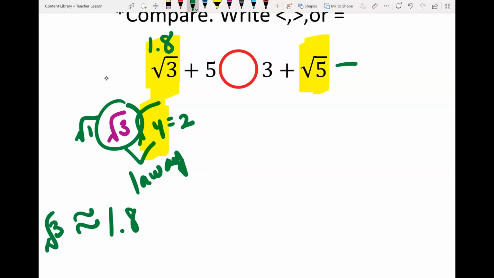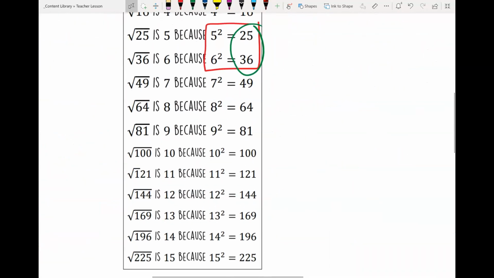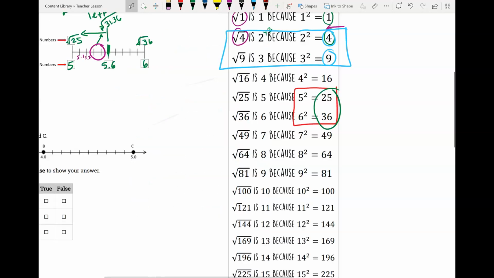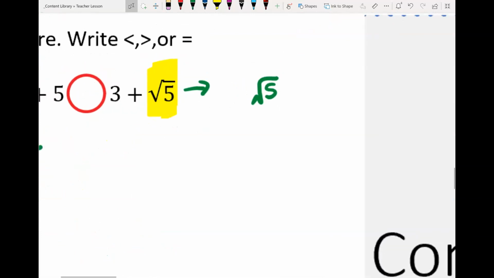Now let's check out the square root of 5. We're going to go look at our perfect square chart. The square root of 5 is between which two numbers? I would say it's between these two numbers here, the square root of 4 and the square root of 9.